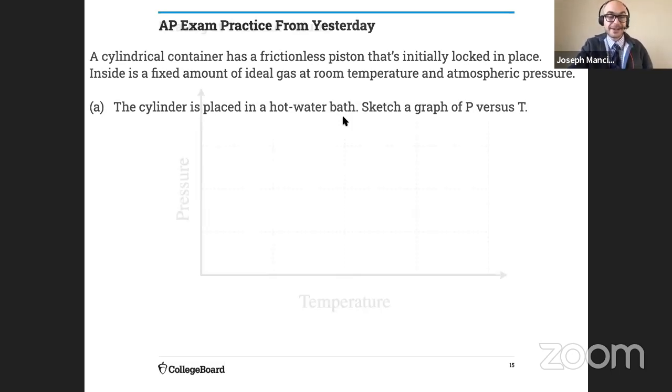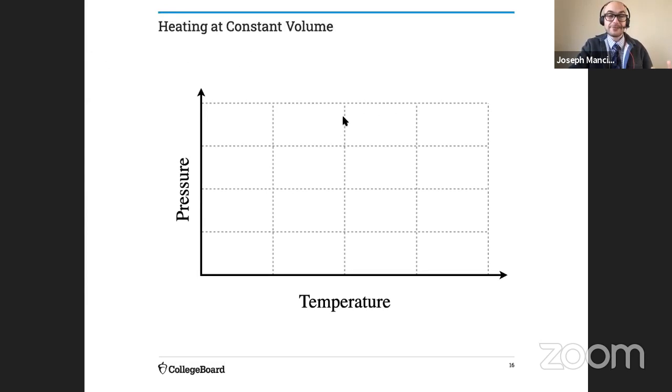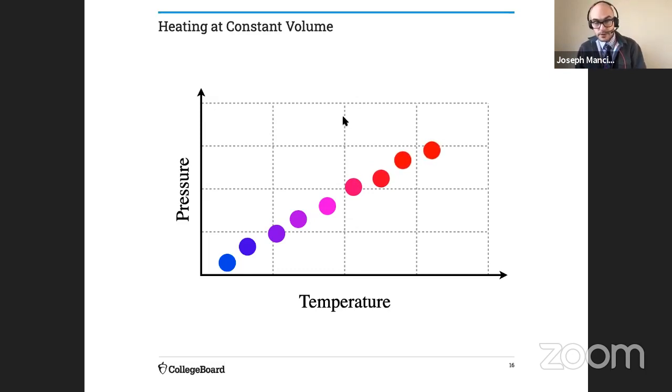If they're going faster and faster and faster, they have more and more pressure. So it's the reverse of a graph that we saw 2 lessons ago. As temperature goes up, pressure goes up. So if people were actually doing this lab and they took a bunch of samples of pressure and temperature, that's what they would see. But you probably sketched a graph like that, just a nice linear relationship, spot on.